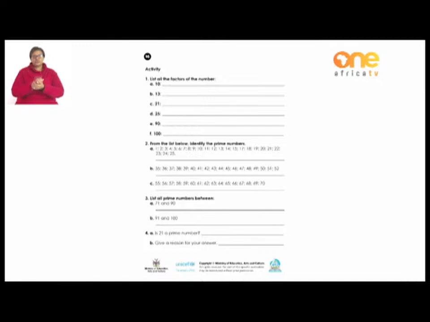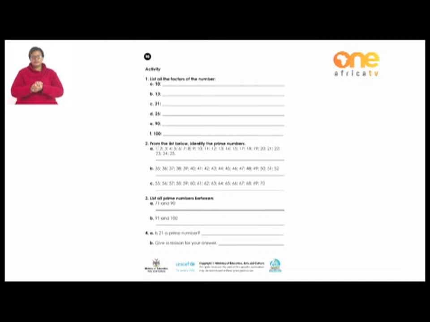The following, from the list below, identify the prime numbers. There are numbers listed there from 1 until 25. You only need to choose which numbers are prime numbers, and then you write them in the space provided. You do the same with B and also with C.